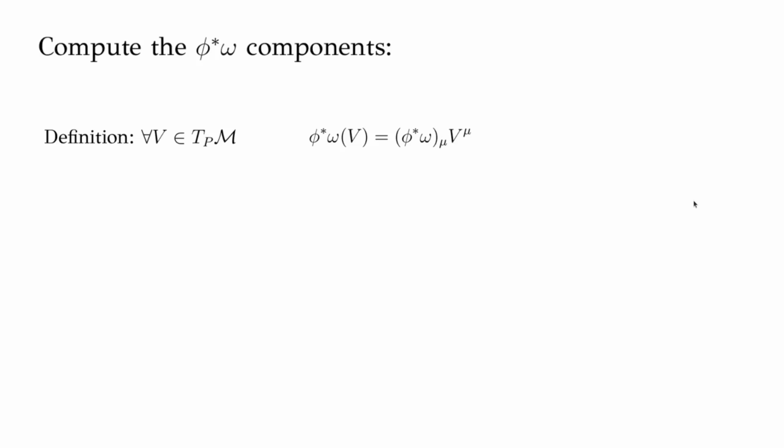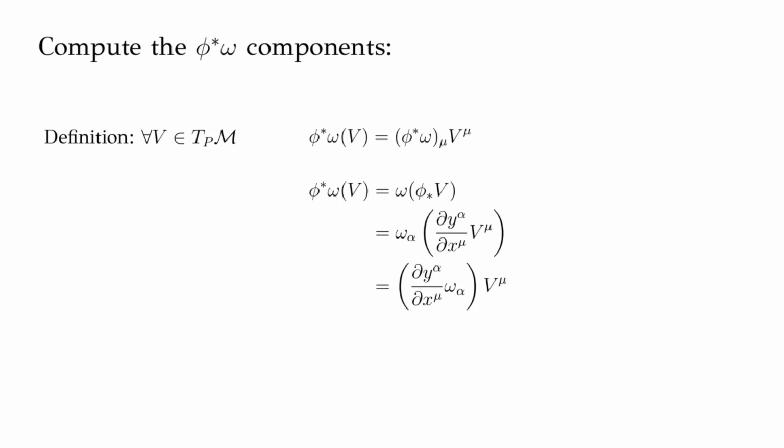So again, let's make this construction more explicit by computing the components of this pulled back one form. This is the action of a one form on a vector v. It is related to the components of v and the one form with this relation here.